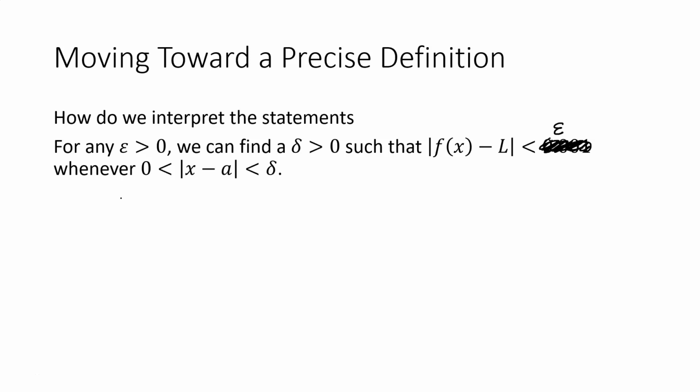Okay, so how do we interpret this? f of x and L can be made any distance from each other. Epsilon here can be any positive number, so f of x and L can be made as close to each other as we want.